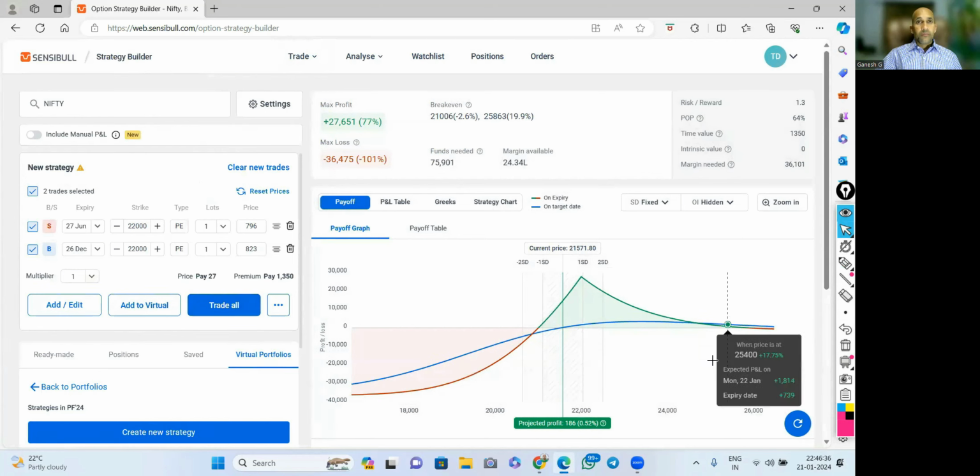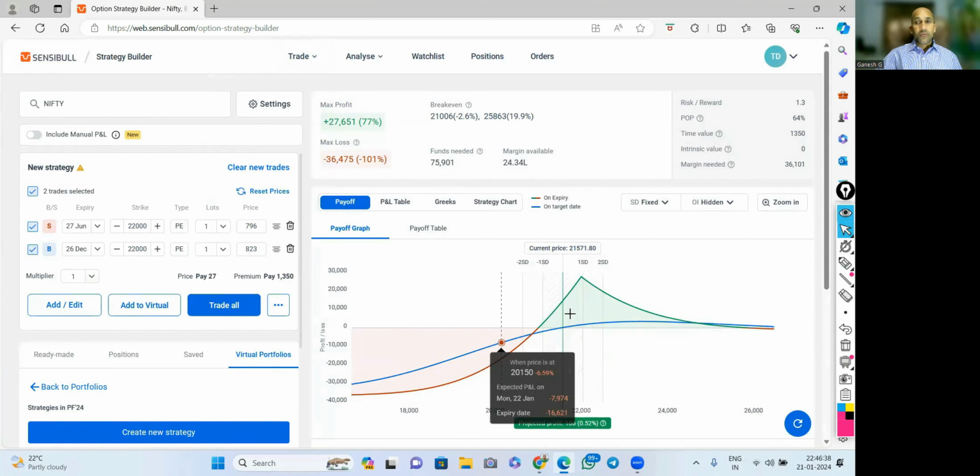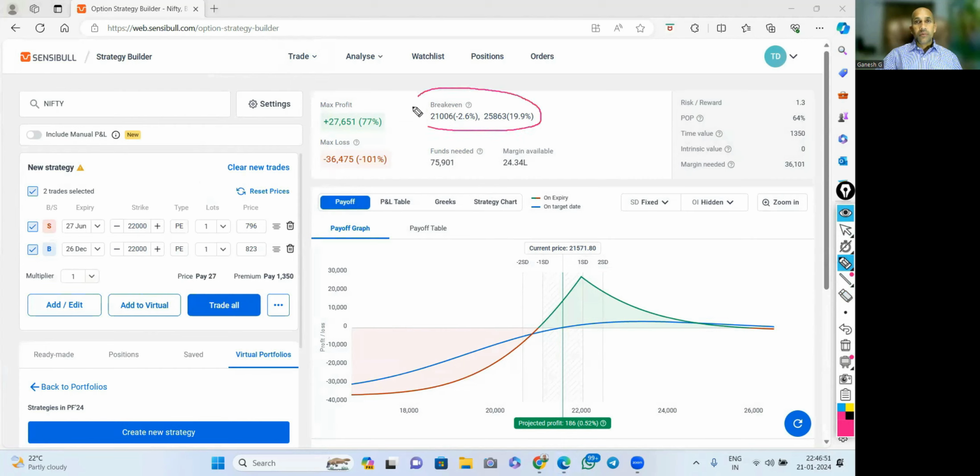When you look at the market condition, up to what level? 21,000. Till 21,000, if you see this break even on the lower side, we are getting no loss.